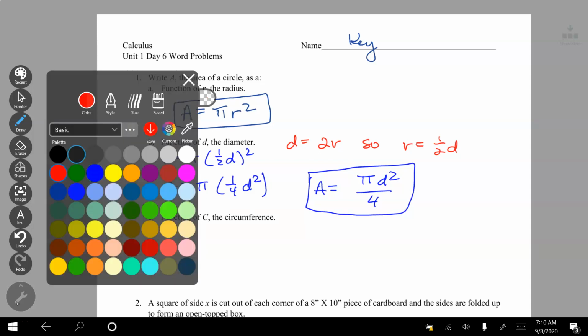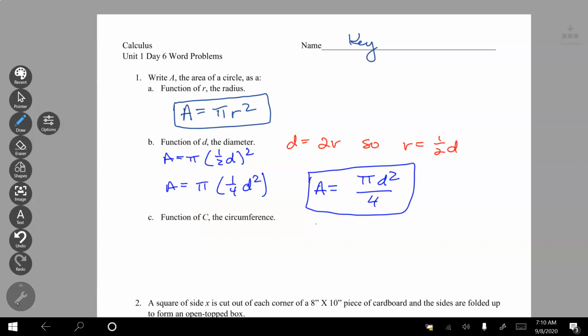And then finally, what happens if I know the circumference? Well, circumference of a circle is 2 pi r. So r equals c divided by 2 pi, and I have to substitute this in. So A equals pi, not r any longer, c over 2 pi squared.